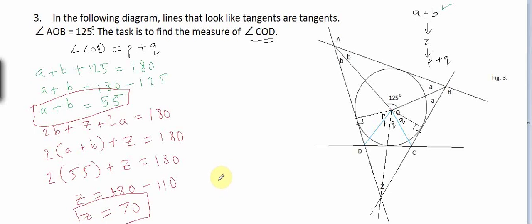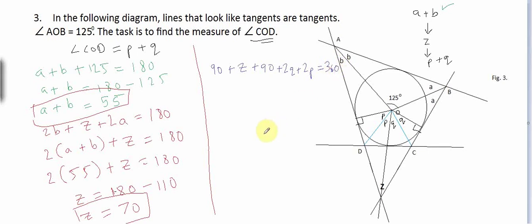And from Z now we can calculate P plus Q. Now notice again that in this quadrilateral we can apply the angle sum property and find P plus Q. So 90 degrees plus Z plus 90 degrees plus Q plus Q plus P plus P, which is 2Q plus 2P, is equal to 360 degrees.